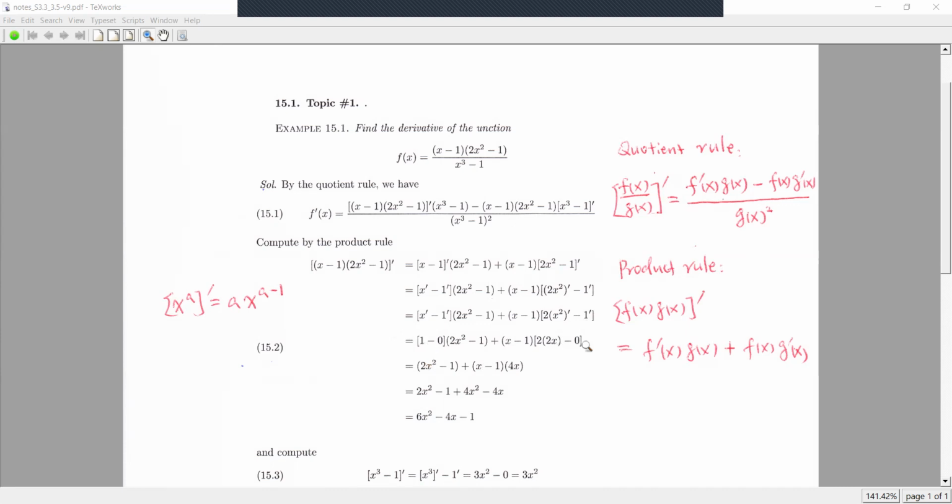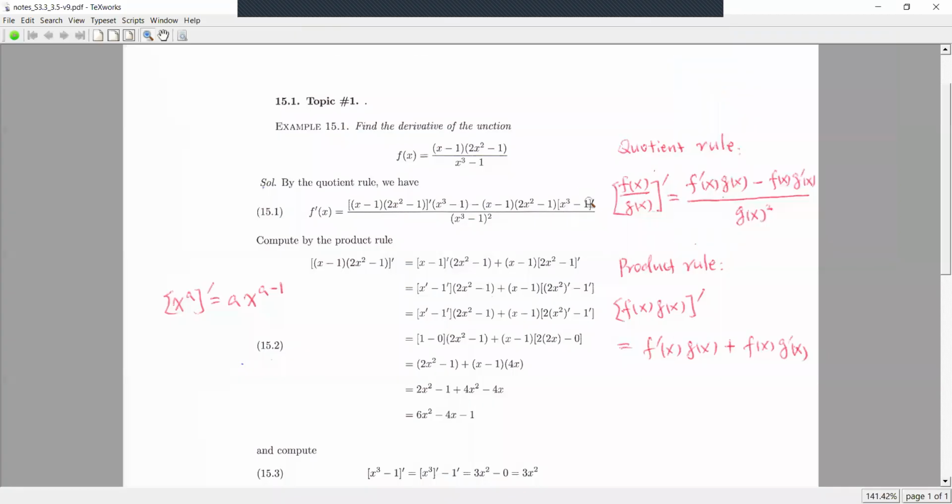Simplify this expression, we get this equation. Distribute 4x to x and to 1, we get this equation. Combine the first term and the third term, then we have this equation. So the derivative of this product is this polynomial.